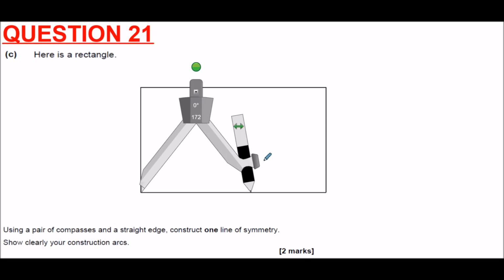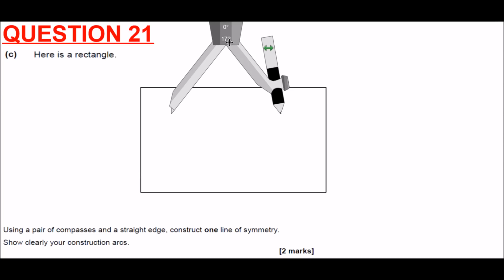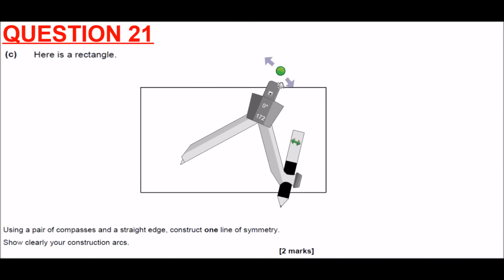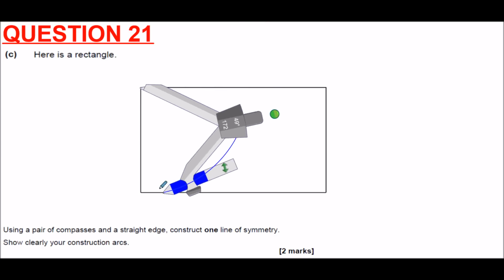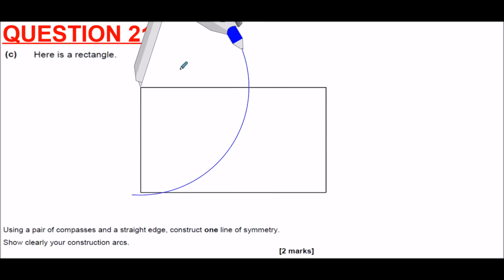So what we can do here is put the compass on one end at one corner, and then we do a big sweeping arc from one end to the other like this.